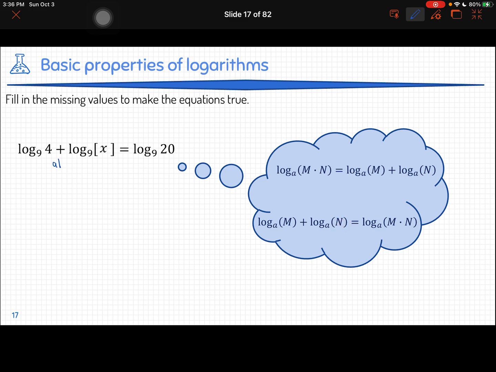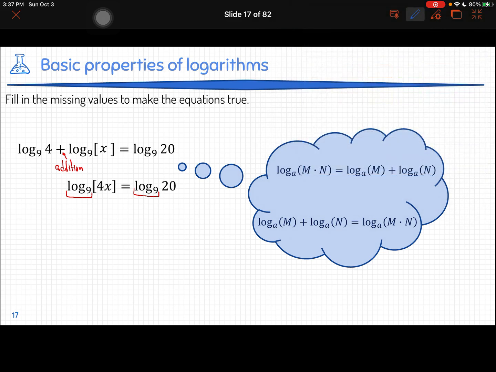So here we have an addition. Let me write that here. So that means that we're going to write this in this way. The logarithm base 9 of 4 times x, that is here. And at this point, this logarithm and this logarithm are the same.